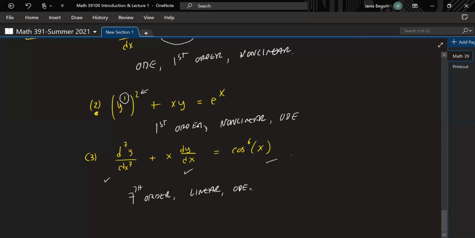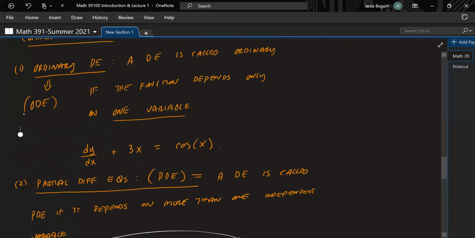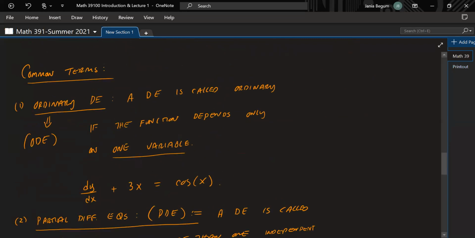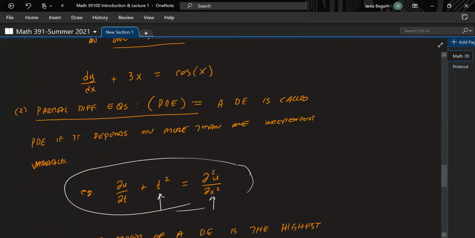So make sure you understand these terminologies and you know how to apply them to examples. For each definition, I would encourage that you always write down an example next to it so that it clicks quickly. When you see an ODE, what's your favorite example? When you see a PDE, what's your favorite example?